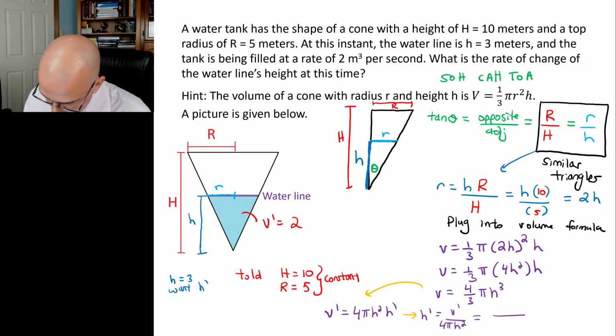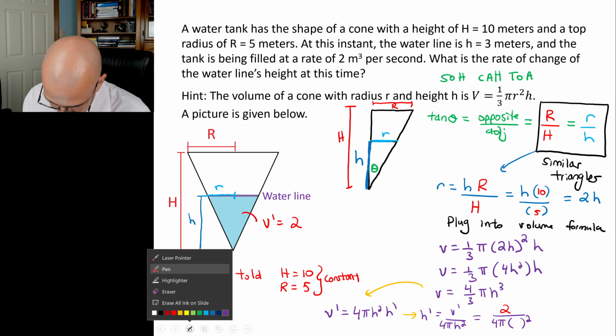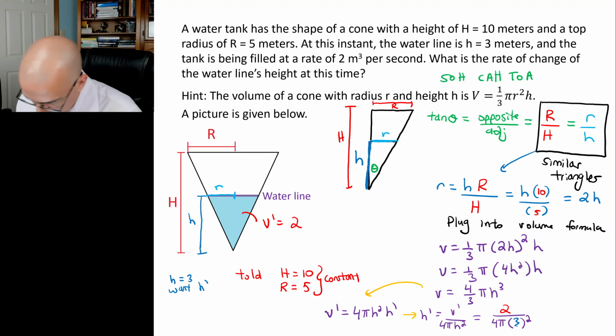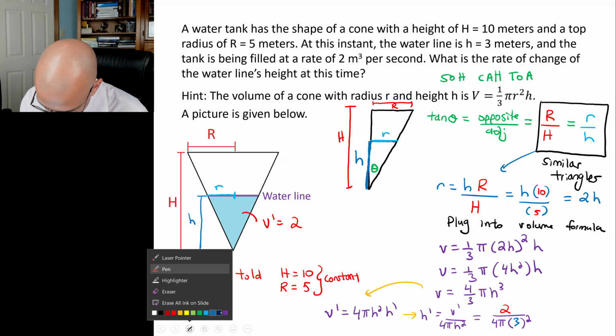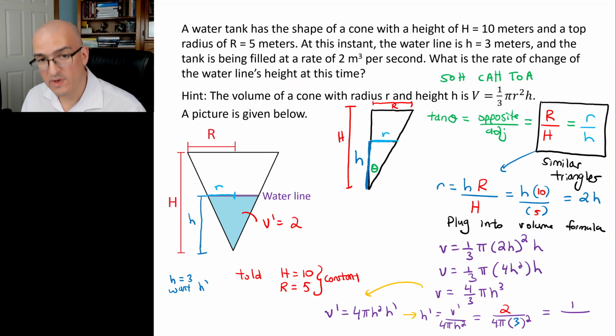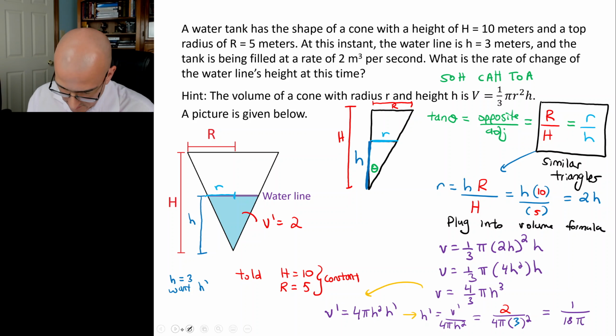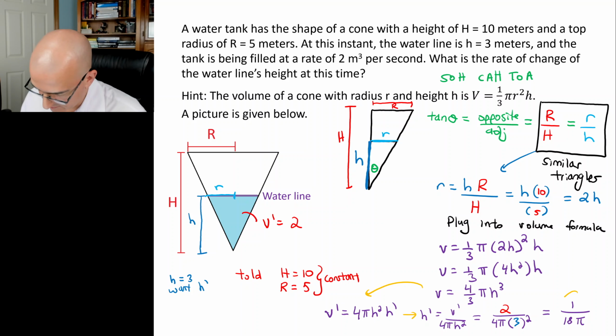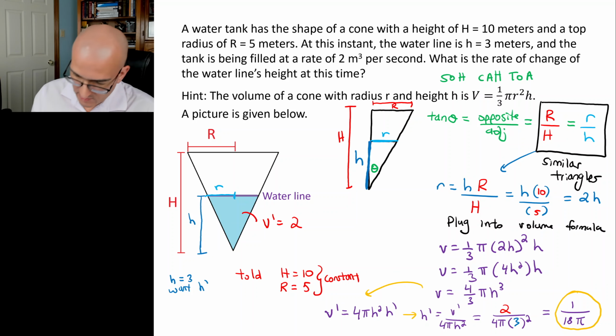V prime is 2. We have 4 pi times h squared. h is 3, so times 3 squared. And we have our answer. So 2 over 4 partially cancels. We've got 2 in the denominator. So 1 over 18 pi would be our final answer.